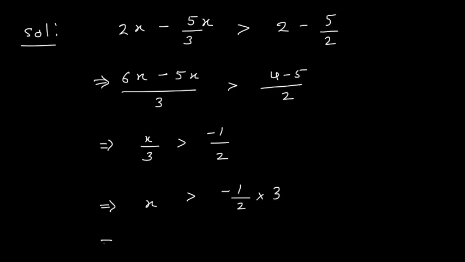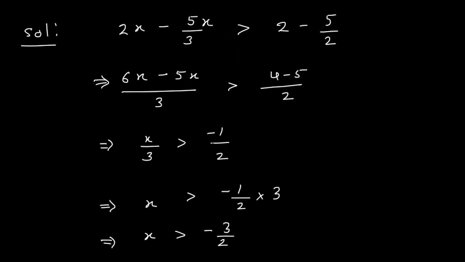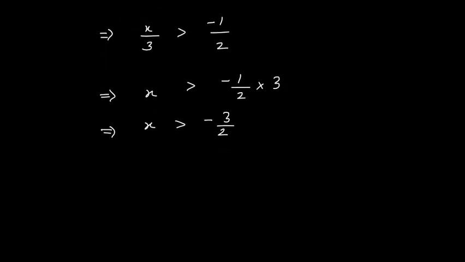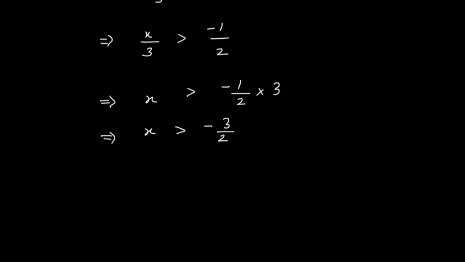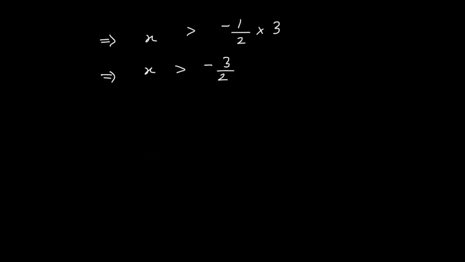So that is x greater than minus 3 divided by 2. So the value of x must satisfy this condition as well as it should be the smallest value which belongs to integer.